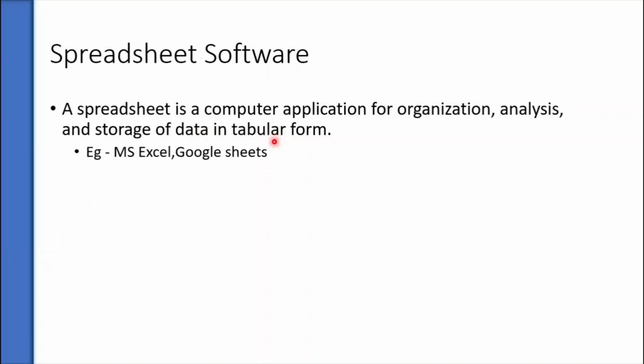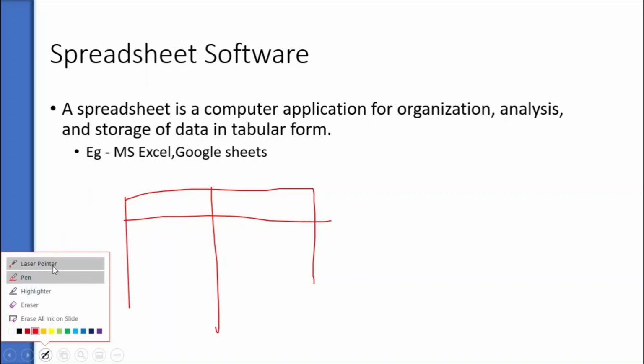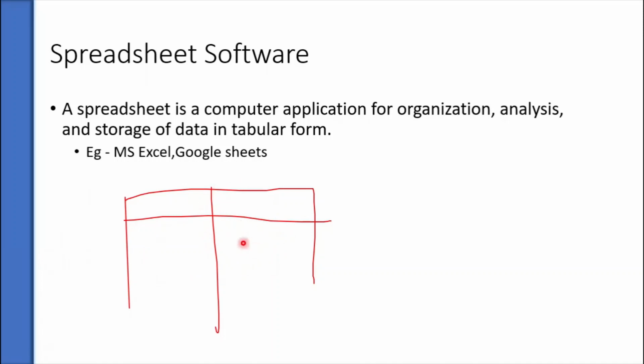Hope you have learned about tables in grade 6, 7, 8 probably. Probably you know what a table is, right? A table is something like this. There are a few columns, and you are inserting attributes under the fields. So this spreadsheet application is specially designed for such kind of data to be stored.